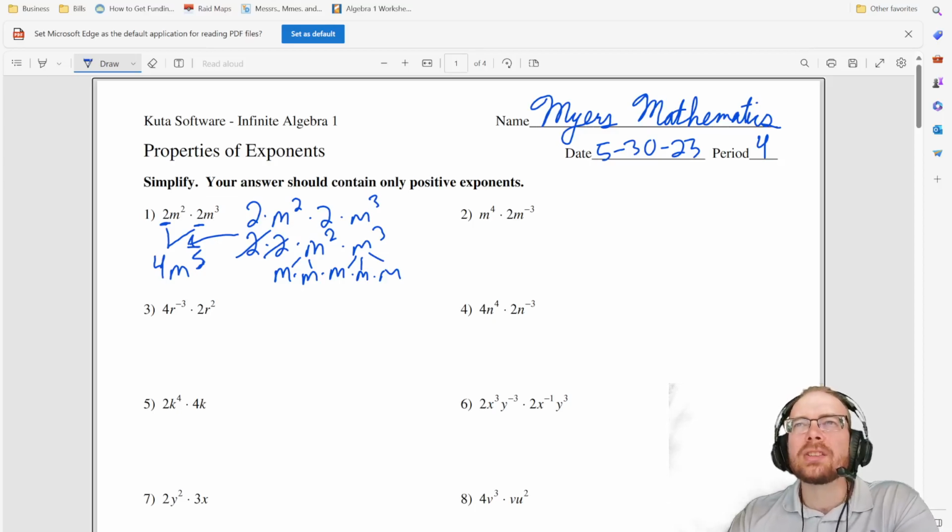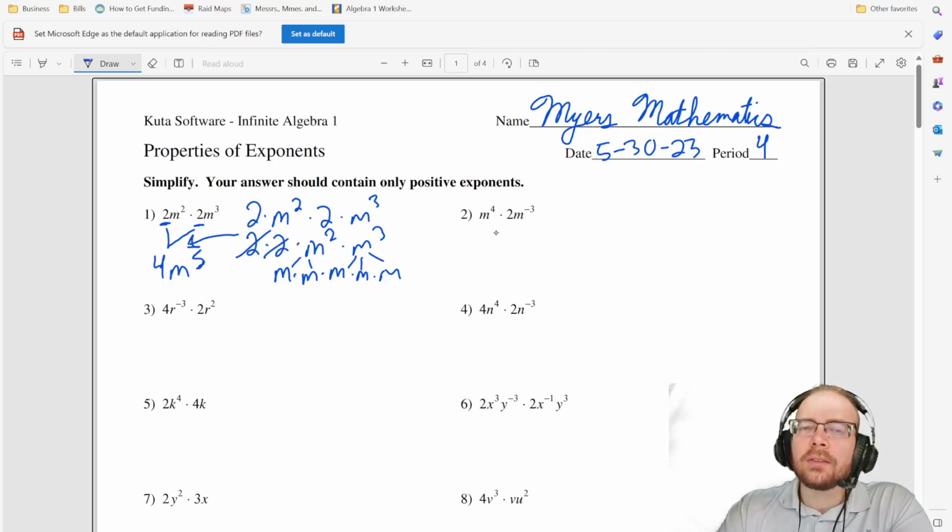Kind of like fractions. If you add fractions, you just add the numerators and you keep the denominator the same. It's almost kind of like that. The base, the m, just stays, but then the top stuff, the numerator kind of stuff, if you will, gets added up. So it's actually pretty similar to that.